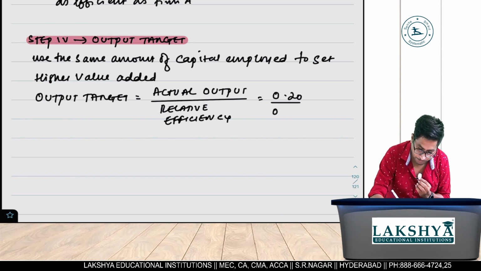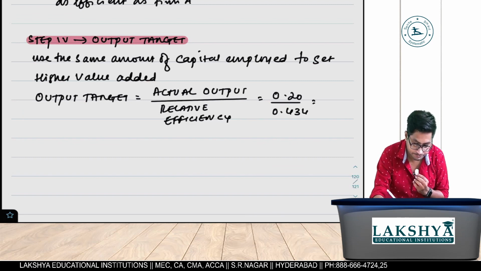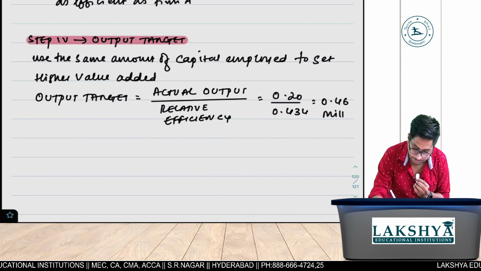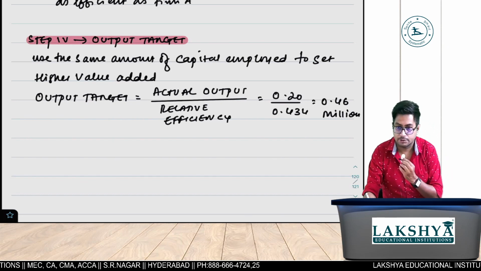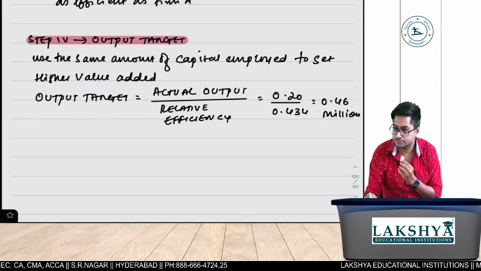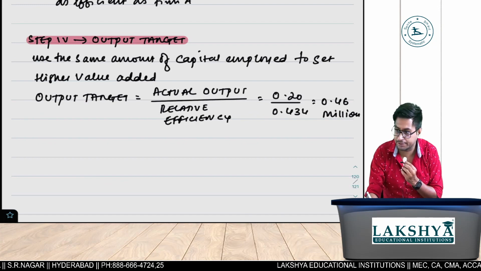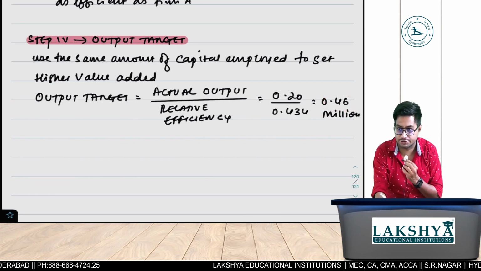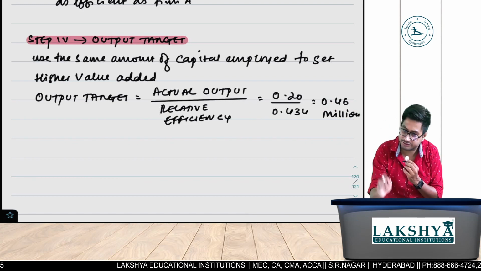It is 0.434. So how much is your output target? 0.46 million. How much is your present output? What is the current output? 0.2. But now they should have what? 0.46. They have to increase the output by using the same quantity of capital employed, less or more? Same quantity.